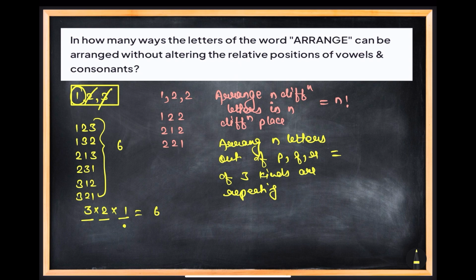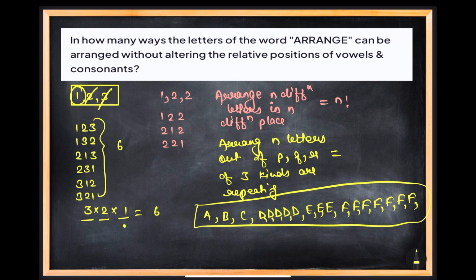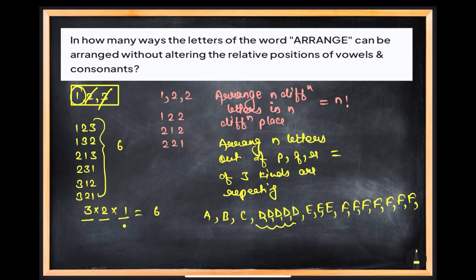Suppose that there are n letters: A, B, C, D, D, D, D, D, then E, E, E, then F, F, F, F, F, F, F. So the idea is, all together there are n letters, out of which D is used P times, E is used Q times, and F is used R times.